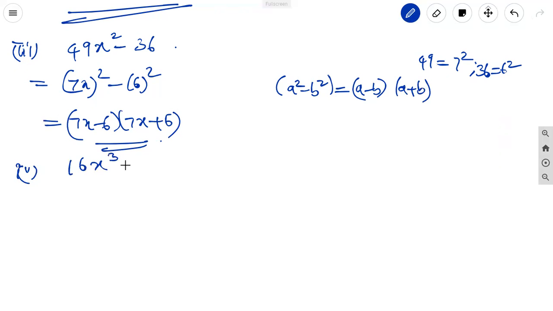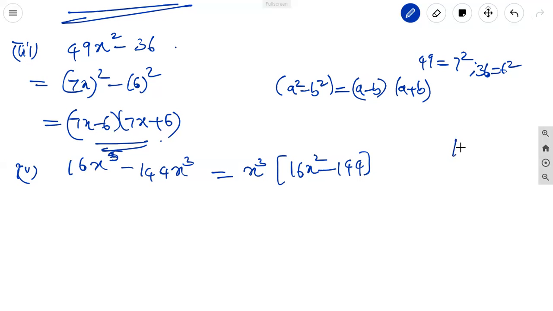Fourth question. 16x to the power of 5 minus 144 x cube. In the two terms, taking common x cube, then 16x square minus 144. x cube into x square, bases are same, then we can add the powers. 3 plus 2 is 5. Here 144 into x cube.